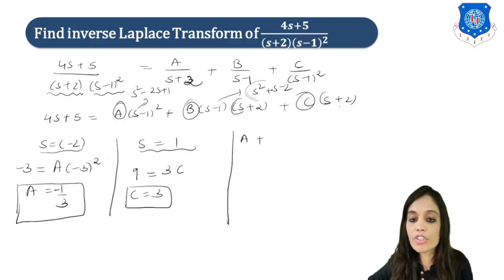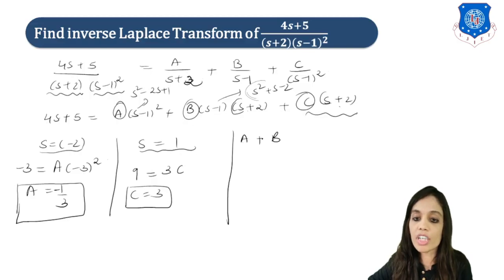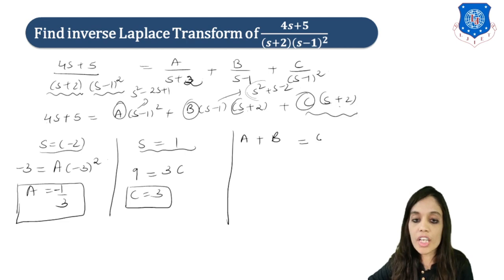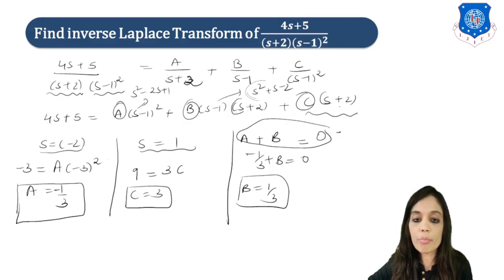So you can see the coefficient of s square will be b, and here there is no s square, so we will have a plus b, and from here there is no s square, so we will have coefficient as 0. Just put the value of a as minus 1 upon 3, right? So minus 1 upon 3 plus b is equal to 0. So b is 1 upon 3. So what we have done right here, we have just compared the coefficient of s square on both the sides, right? Coefficient of s square.